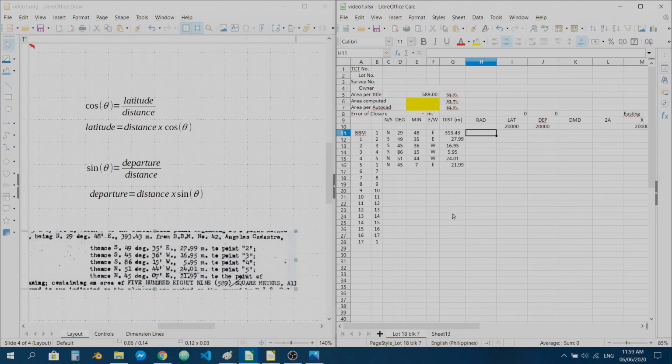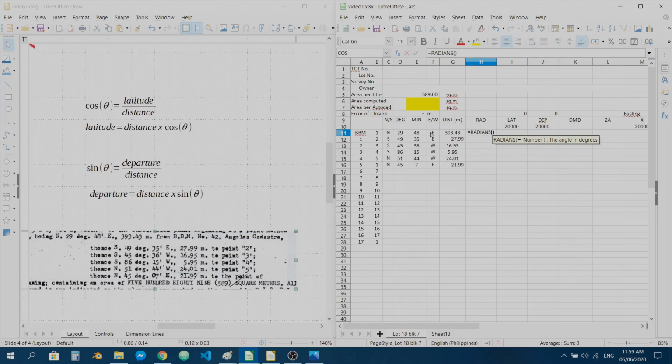Now that we have finally completed the technical description, let's proceed. What are these radians? Before we can compute for the latitude and departure, we need to convert our angles from degrees to radians. Fortunately, LibreOffice Calc and Excel have a function to compute that.